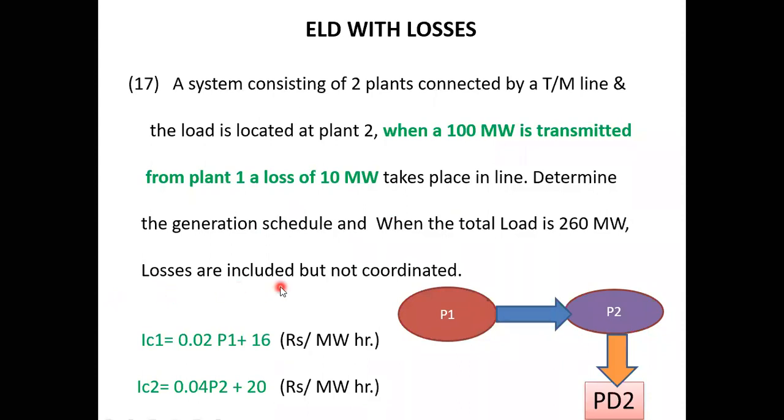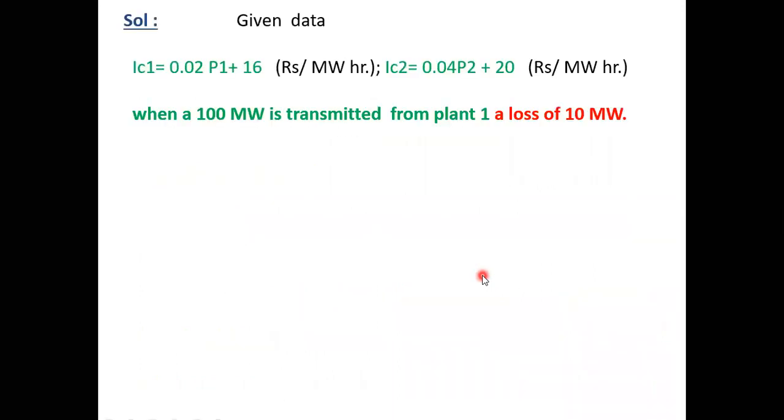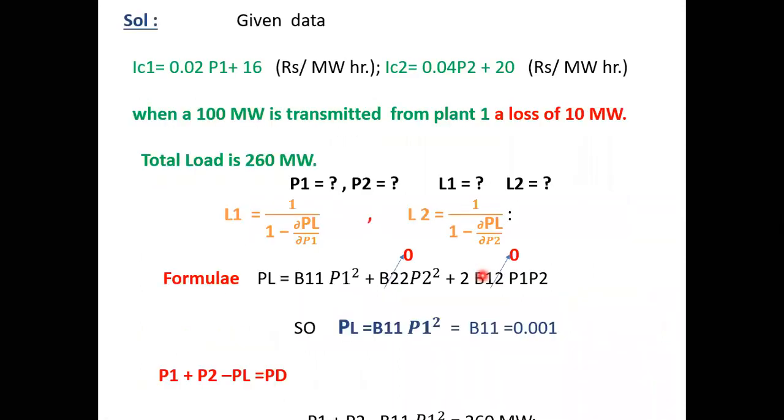Here losses are included but not coordinated. Whatever formula we got finally, that is df1 by dp1 is equal to df2 by dp2, we got by considering the coordination of the power plants. But here in the given data, they are considering that the power plants are not coordinated. So that's why directly we can't use that formula.